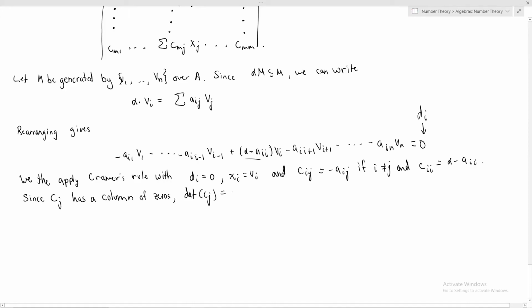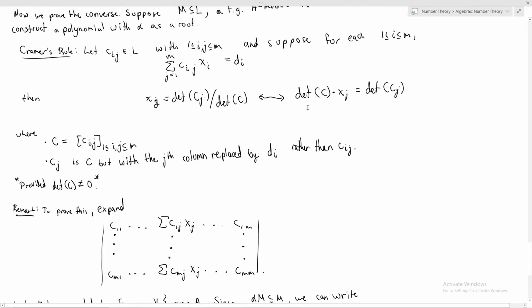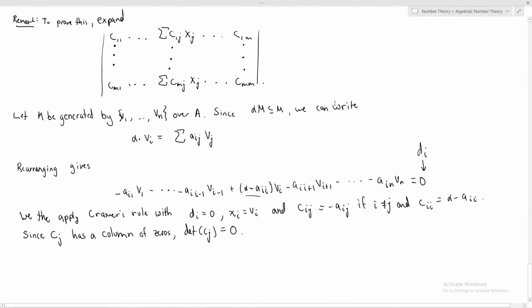The determinant of C sub j is going to equal 0. So using our possibly non-invertible version of Cramer's rule, I'm going to get that the determinant of C times x sub j is equal to 0.